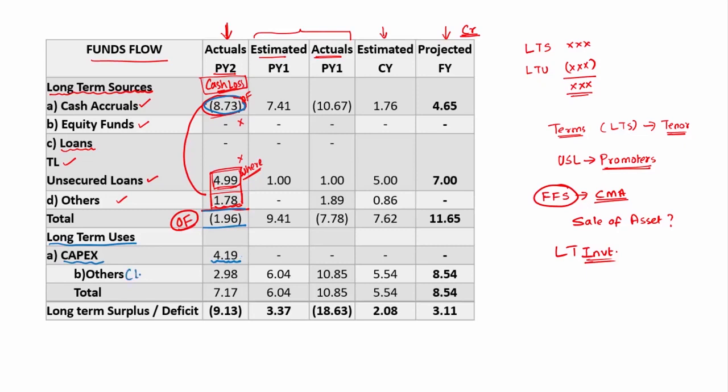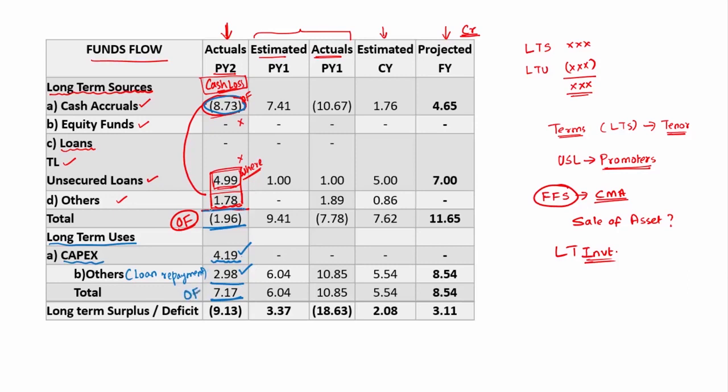This others can be loan repayment. Okay, or it can also be making some investments, not in the capex items, but long-term investments or investment in associate concerns, which are classified as long-term asset. So they don't have any money, but here they are investing 4.19 crore in capital items, 2.98 crore in loan repayments, or say investments in associates or something, whatever. So the total outflow is 7.17 crore.